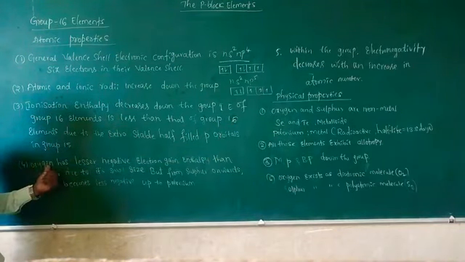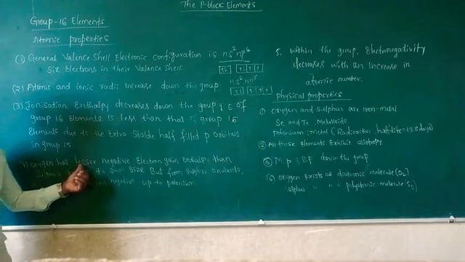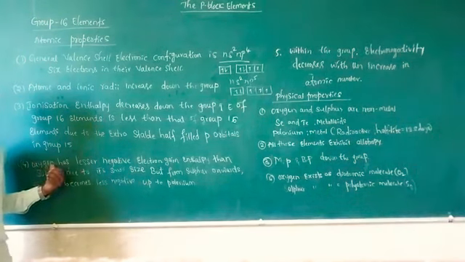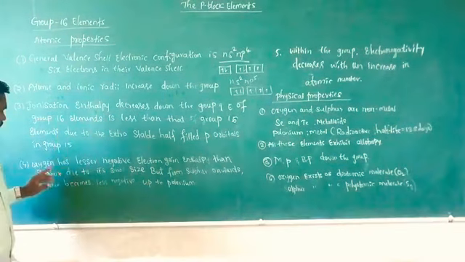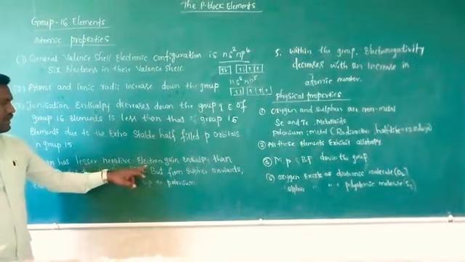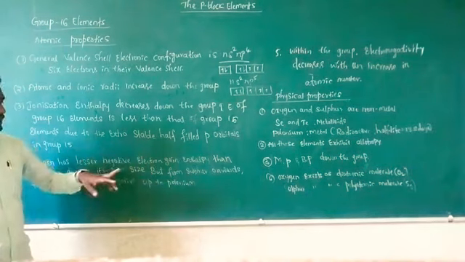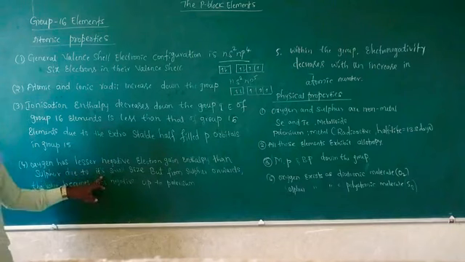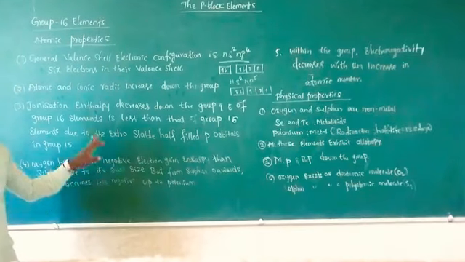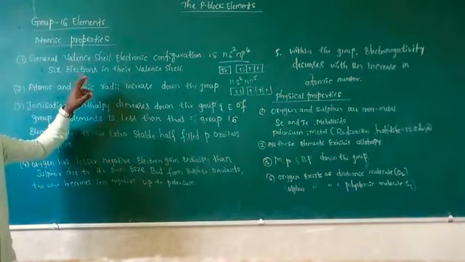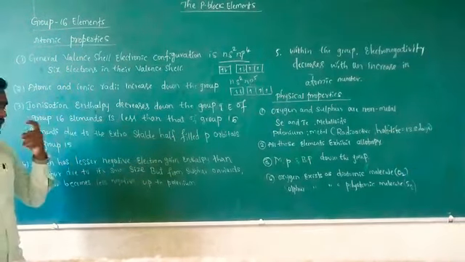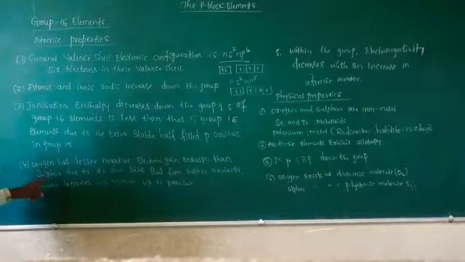Last one, electron gain enthalpy. Oxygen, the first element in group 16, has a less negative electron gain enthalpy than sulfur due to its small size. Oxygen is the smallest in the group, and there is no availability of empty d orbitals.